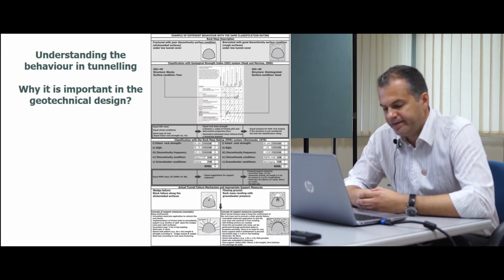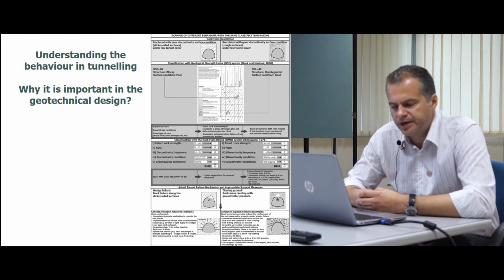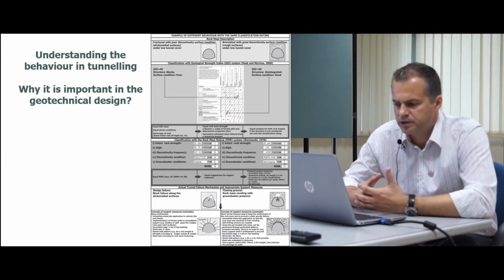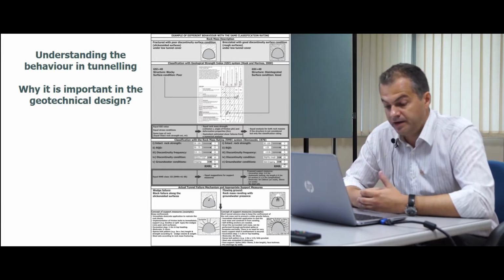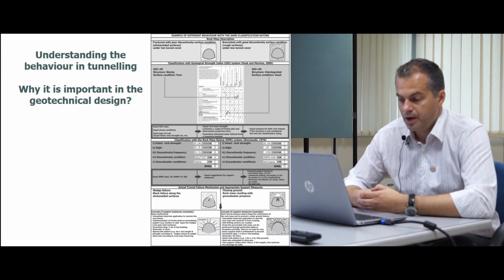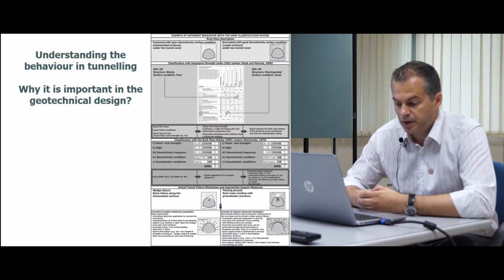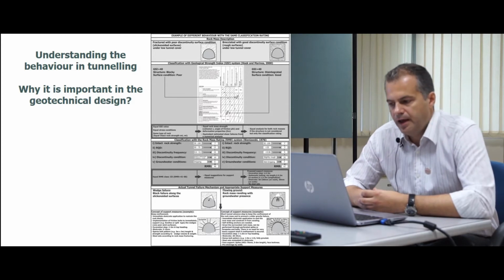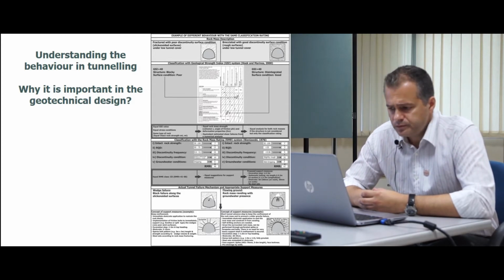In general, this geological understanding till now was based on a number, a range of RMR, a range of Q, a range of GSI. And this may be also a case. This is not always wrong, but it should not be happening without respecting and understanding how the ground behaves.